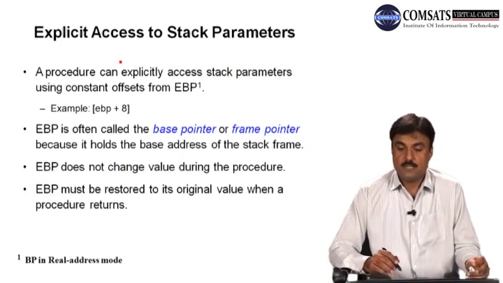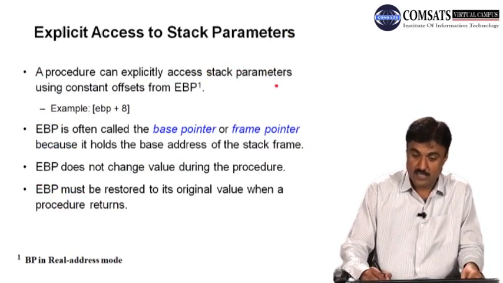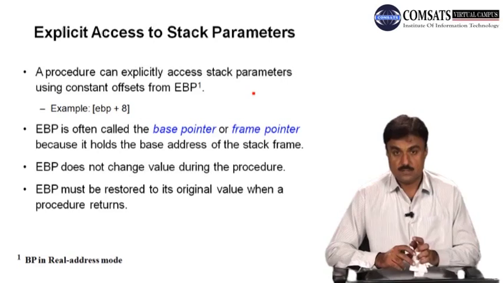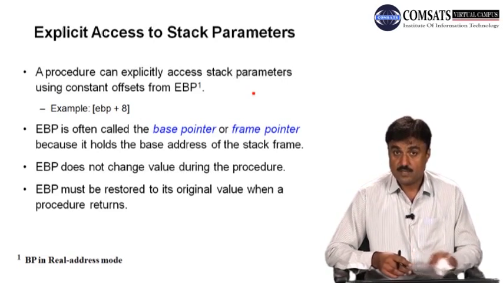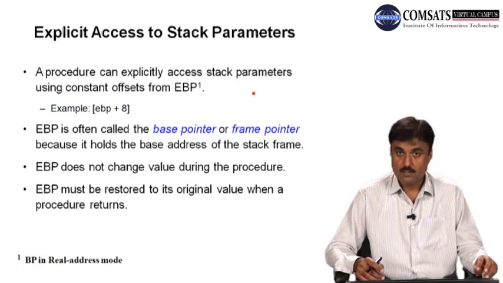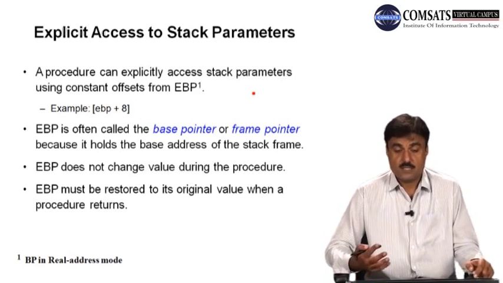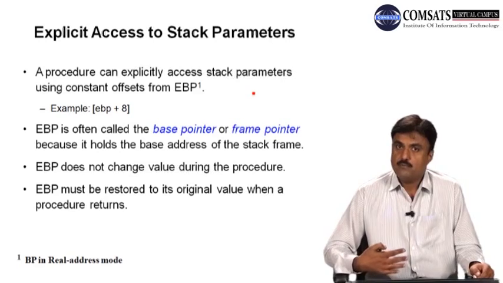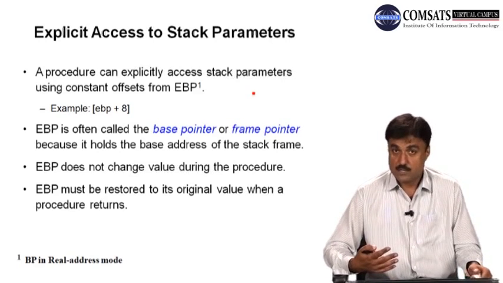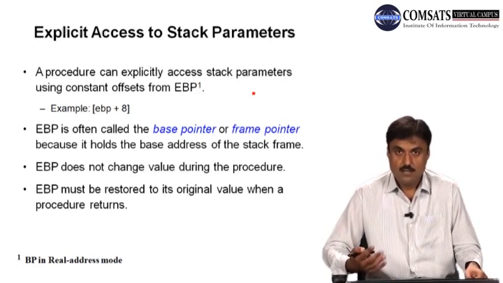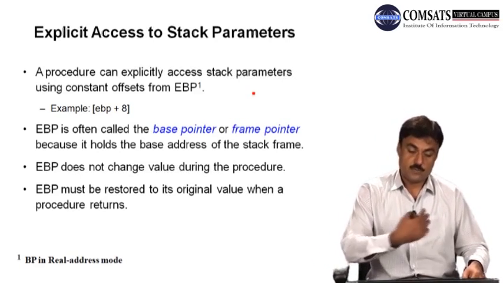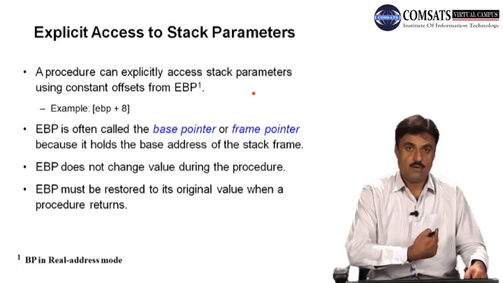So now is the main discussion about the explicit access to the stack parameters. Why do we need to store a base pointer inside the stack? When we push arguments inside the stack and call the procedure, there is a return address, and the stack pointer is pointing to a new area.